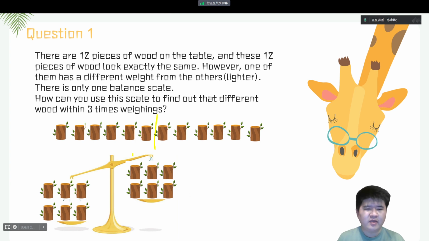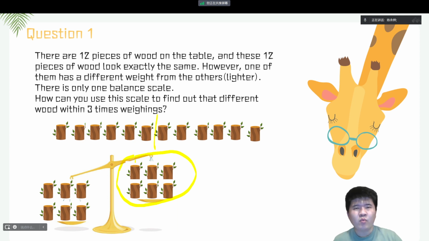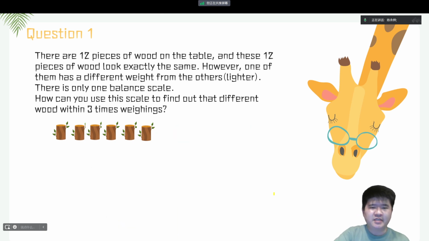If we assume this time the one on the right has our answer, it will be lighter and in a higher position. So now we only need to search within those 6.